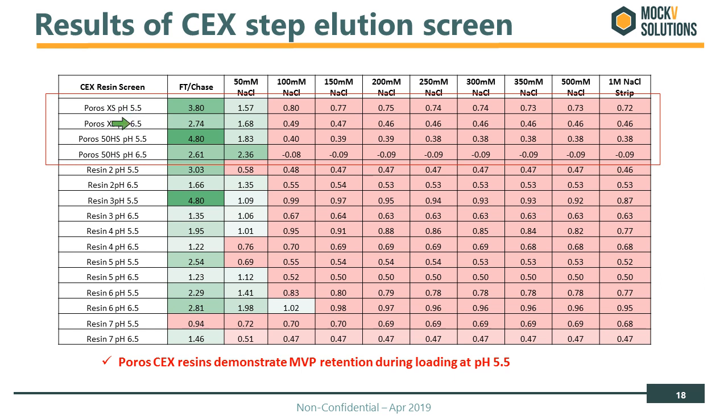And then as the pH increases and the surface charge of the particle shifts, we see a worsening in the ability of these resins to retain. However, the POROS XS and 50 HS showed relatively good removal at either of these pHs relative to the other resins.